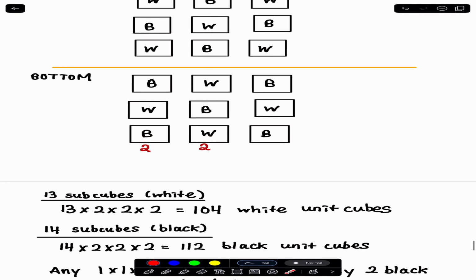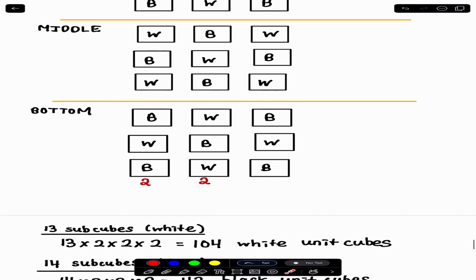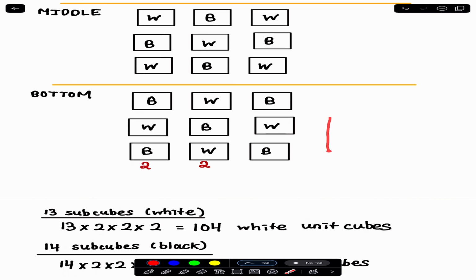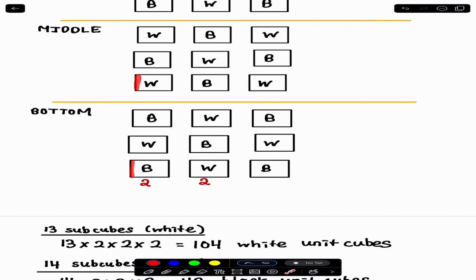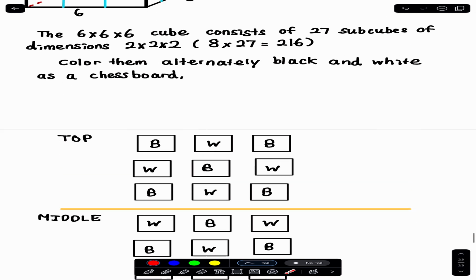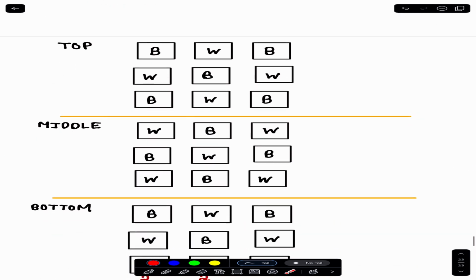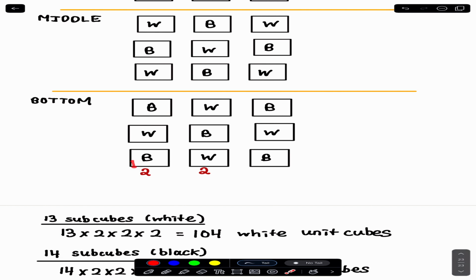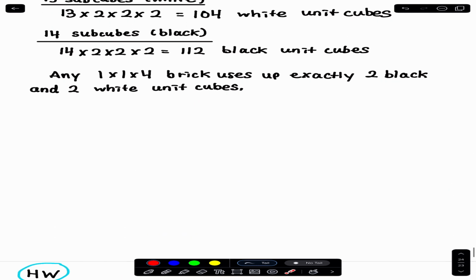And if we were to place it vertically, remember this white subcube is above this black subcube, so if you were to place the 1 by 1 by 4 brick upwards, it would be 2 black squares and 2 white squares, like so. And since we can't tilt, we've covered all cases. So we can either be horizontal, like this, or we can be vertical, like this. Okay? Great, that's all we're saying.